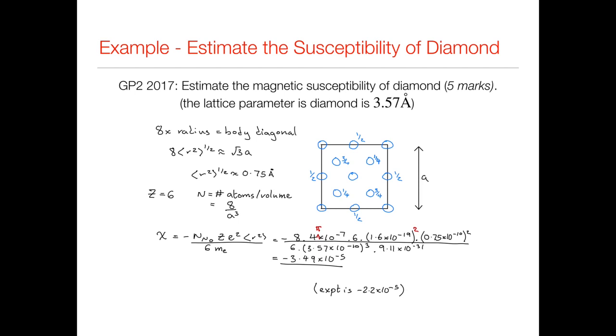How could we do better? Well, for molecules, taking into account the bonding, formulas were derived in the 1950s and 1960s for how to calculate the susceptibility for molecules, so taking into account the bonding.